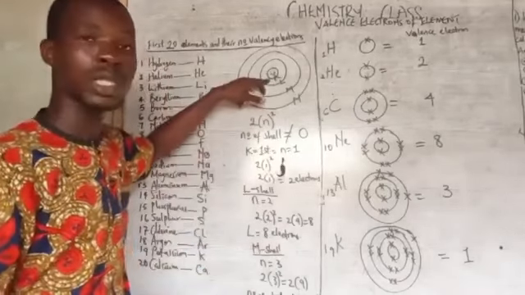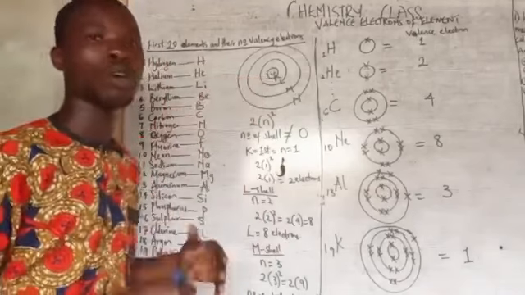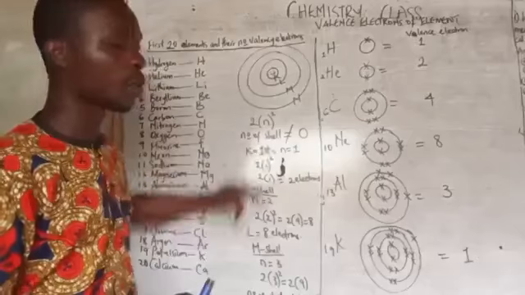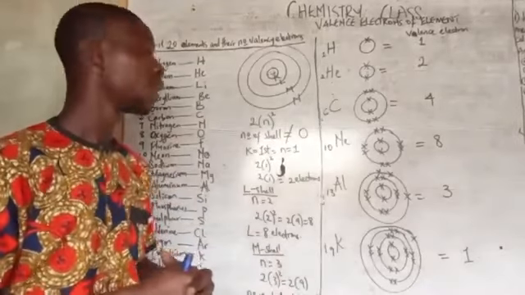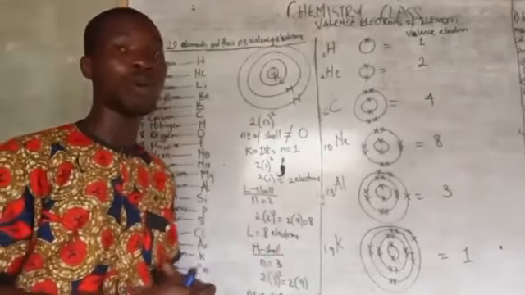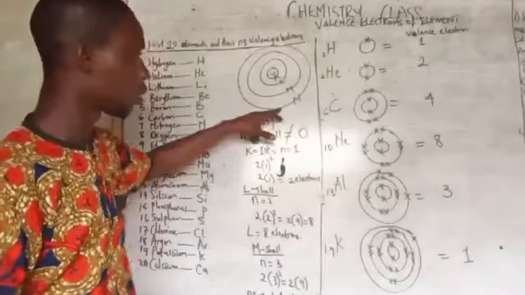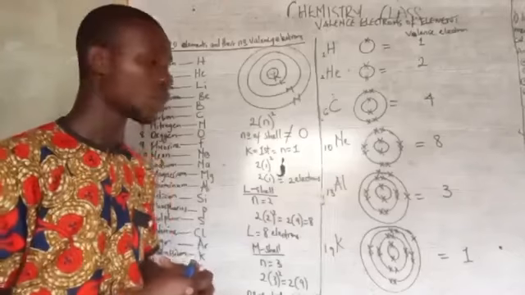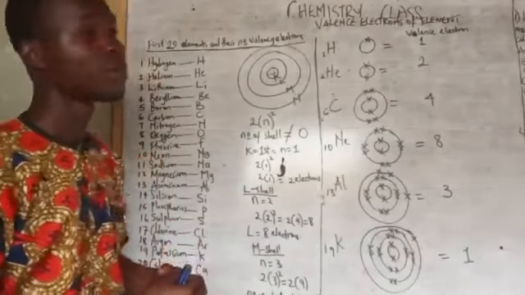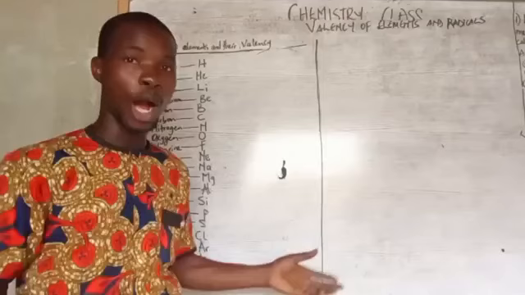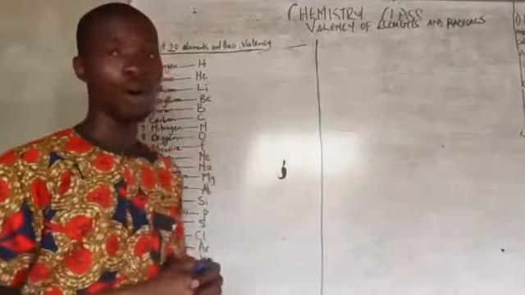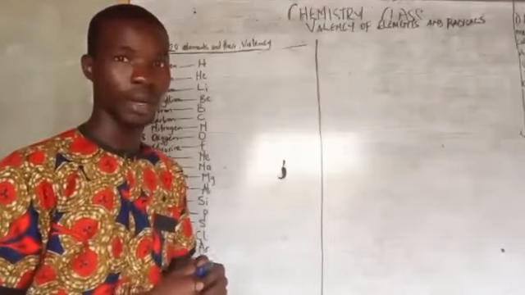The first shell, which is the K shell, can occupy a maximum of 2 electrons. The L shell can occupy a maximum of 8. M shell will occupy a maximum of 18. N shell's maximum number of electrons is going to be figured out. Our next discussion is on valency of elements and radicals.